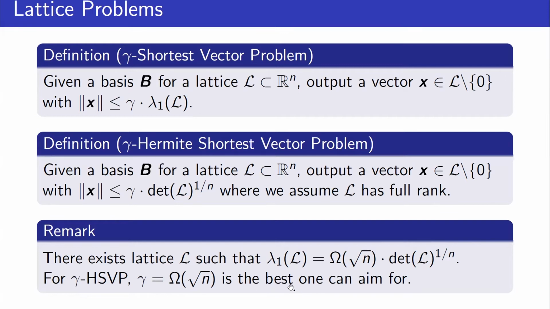So in this sense, our work in fact achieves the best possible approximation factor with some hidden polylog factor. Essentially, all these problems are saying that we want lattice vectors that are simultaneously short and non-zero.